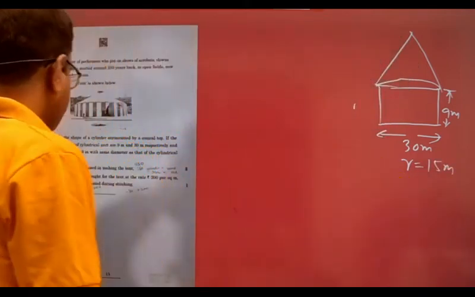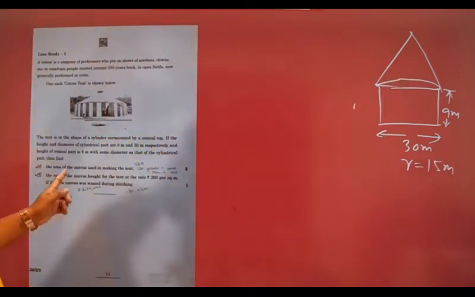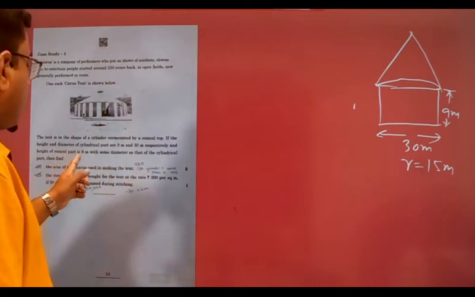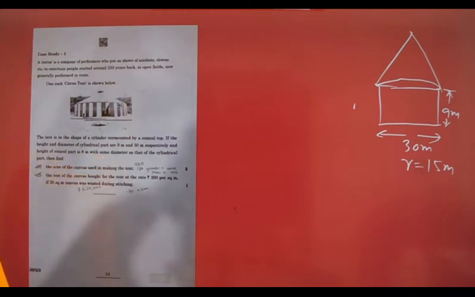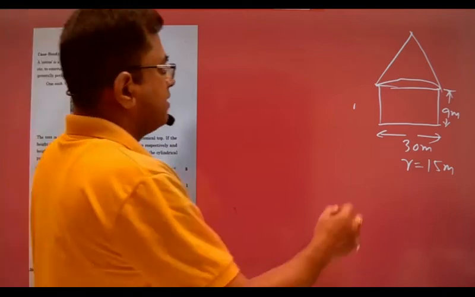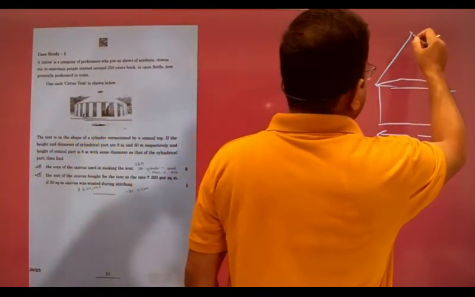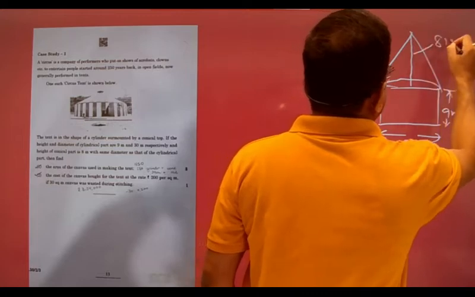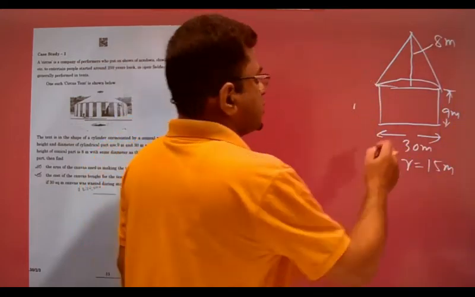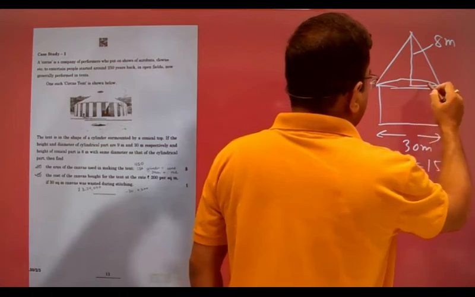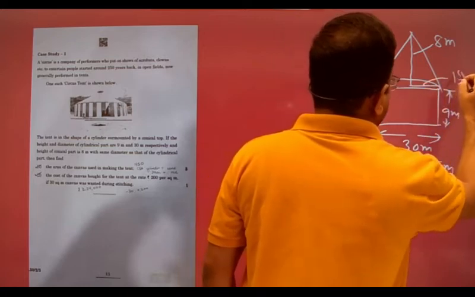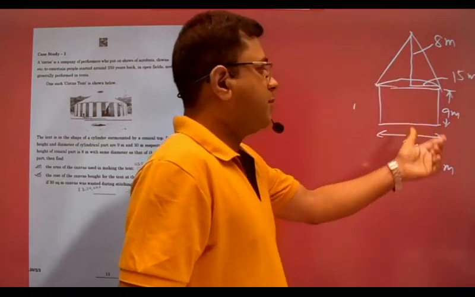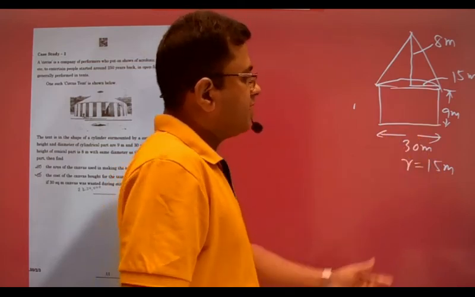And it is also given that for the conical part, the height of the cone is 8 meter. It is the vertical height. This height is 8 meter. Here the radius of the cone is also 15 meter, because it is the same as the radius of the cylindrical part.